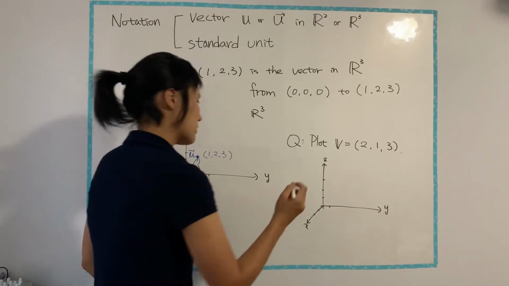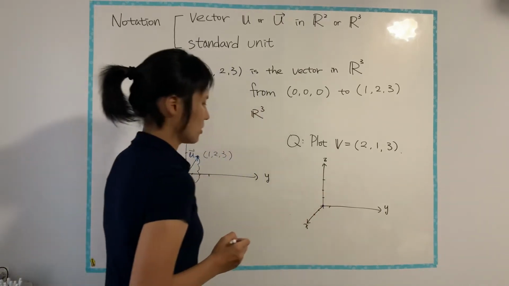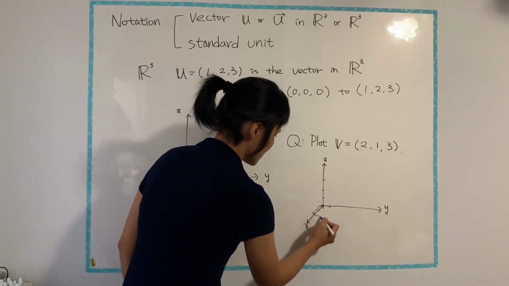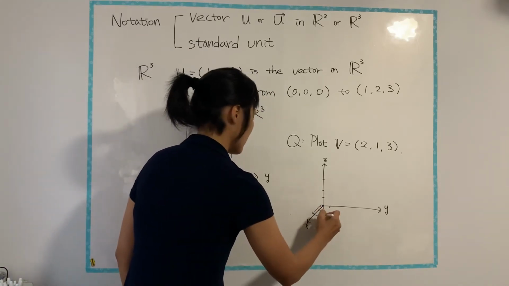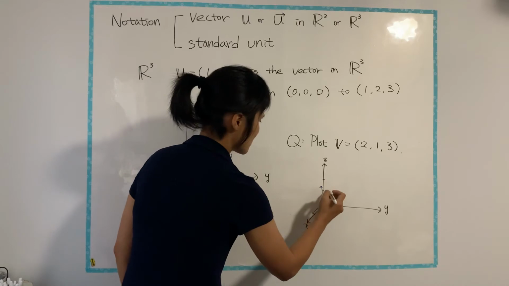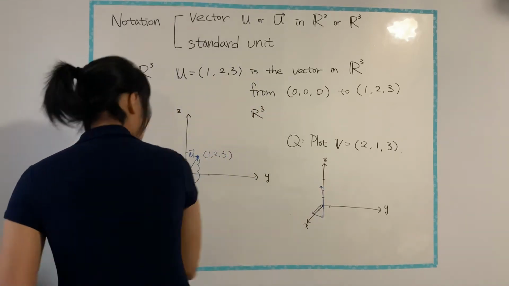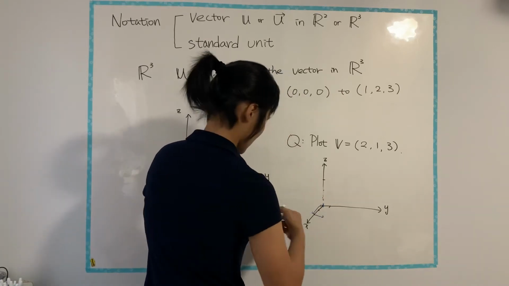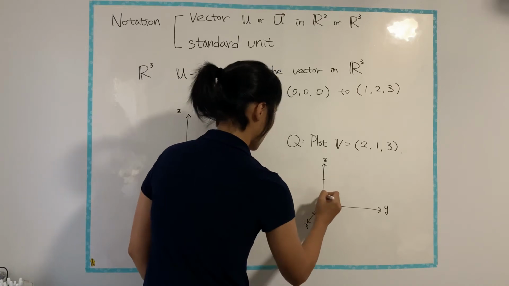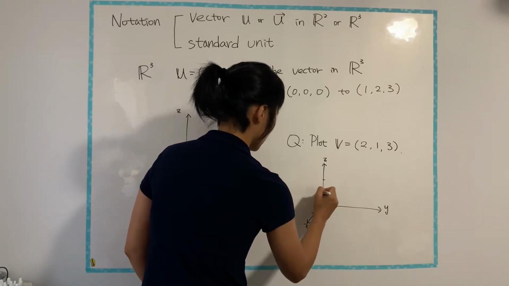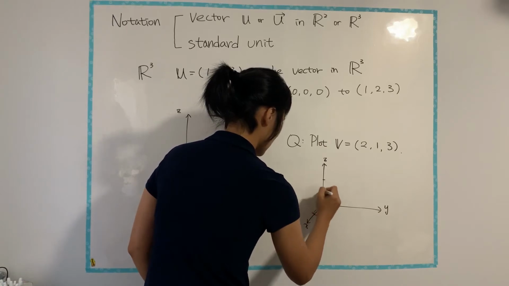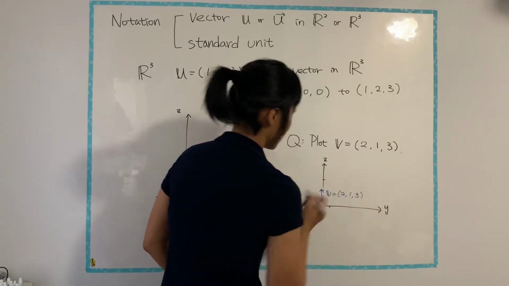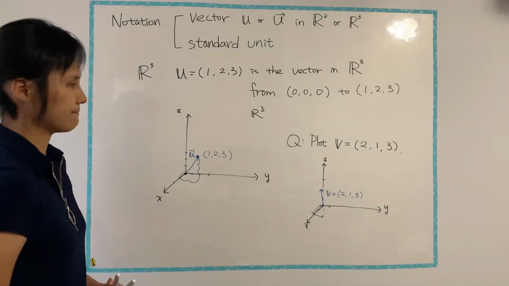I will be looking for the vector starting from the origin, goes along the x direction by 2 units, y direction by 1 unit, and z direction by 3 units. So it's like this. This is the v vector (2, 1, 3). Okay. Do you have it?